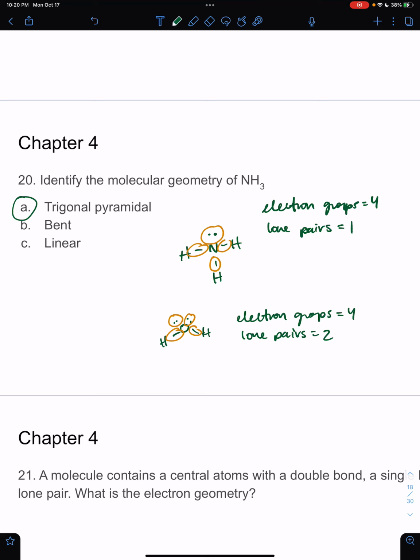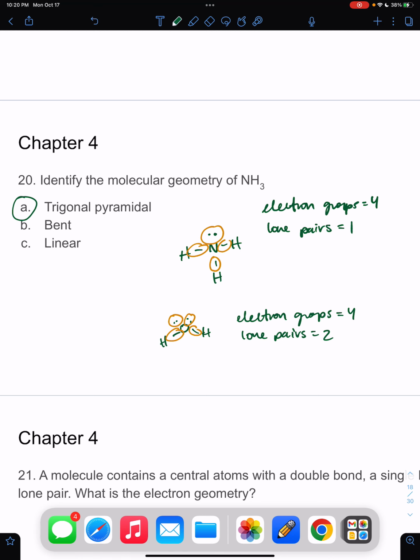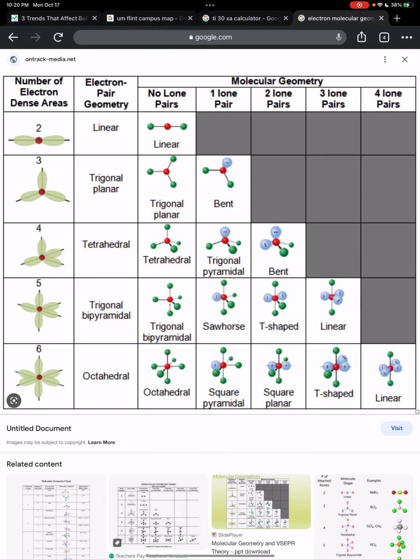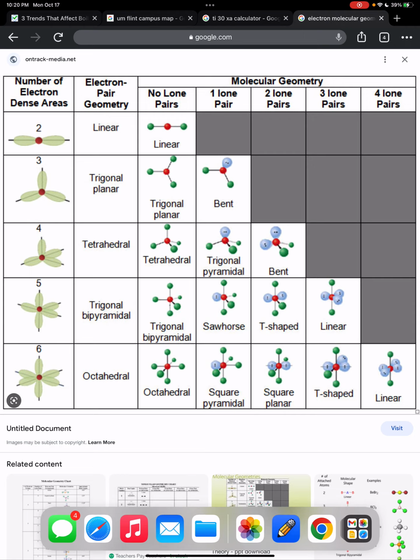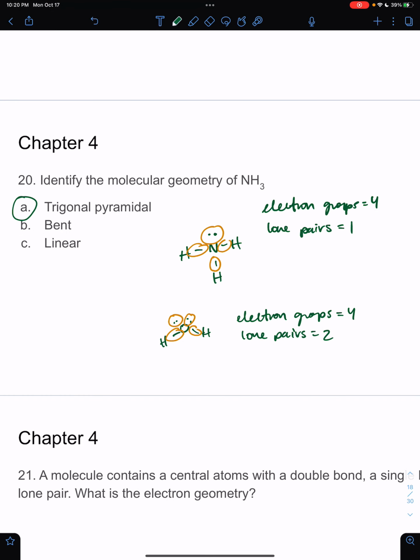But the molecular geometry will be different because of the different amount of lone pairs. So going back to the table, we're at tetrahedral still. We still have 4 electron groups. Then going across that table all the way to 2 lone pairs, that one's called bent. So if you were to be asked what's the molecular geometry of H2O, that one is bent.